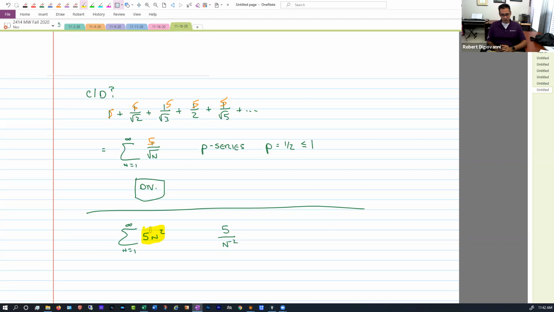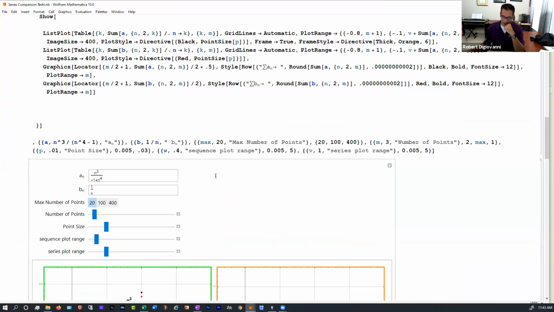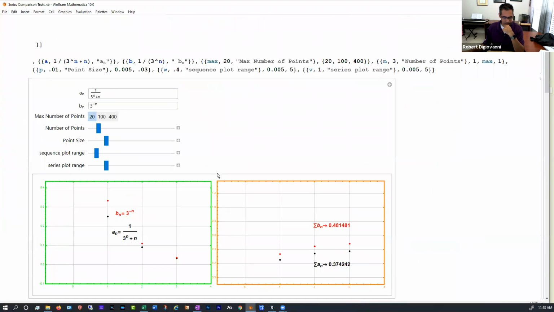It's called the comparison test. And this always causes some issues, all right? So I'm going to try and illustrate the test first, before we look at it, with an animation here. I thought a lot about whether or not I wanted to give you this or not.